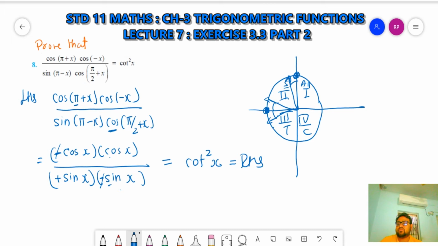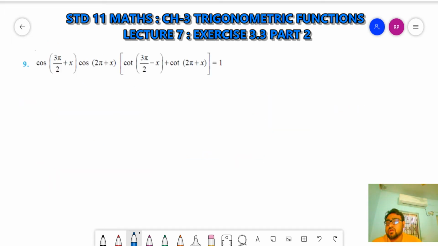Now let's move to the next, question number 9: cos(3 pi by 2 plus x) cos(2 pi plus x) upon cot(3 pi by 2 minus x) plus cot(2 pi plus x).